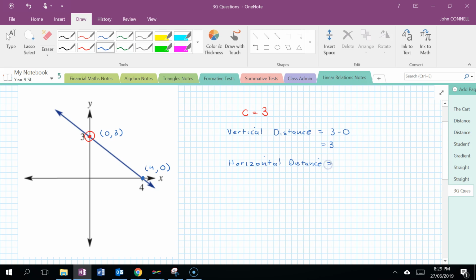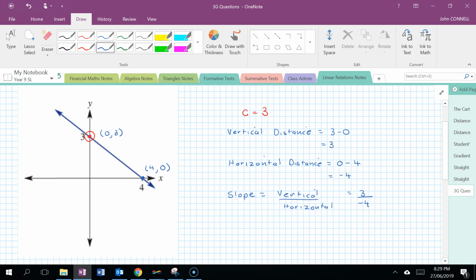And so, if we subtract the x-coordinates, we've got to do it in the same way. So it's got to be this point take that point. So it's going to be 0 take 4, which is minus 4. So then the slope is going to equal the vertical divided by the horizontal. So vertical over horizontal, which is 3 over minus 4.